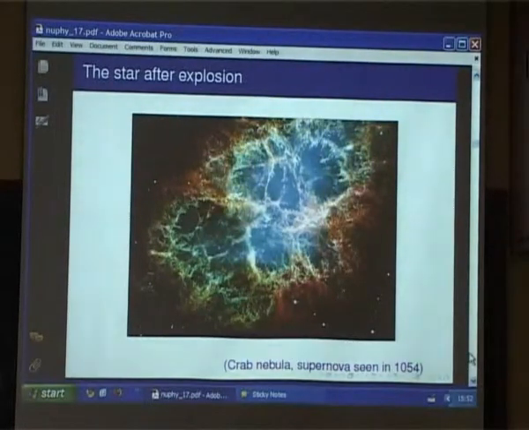This is the Crab Nebula. It is a supernova which was seen and recorded by the Chinese in 1054. Now we know it as the Crab Nebula, and you can see it in a small telescope. What is the distance of travel?